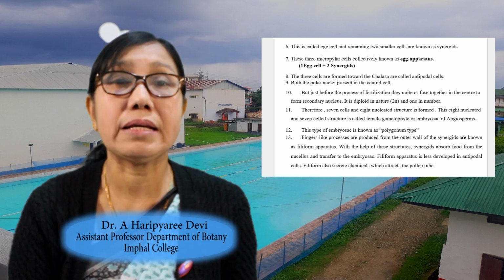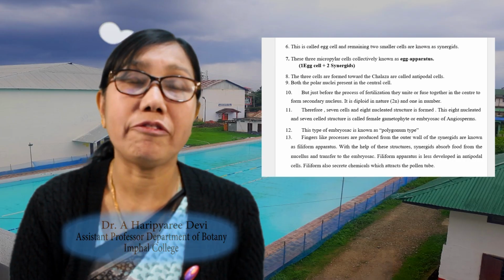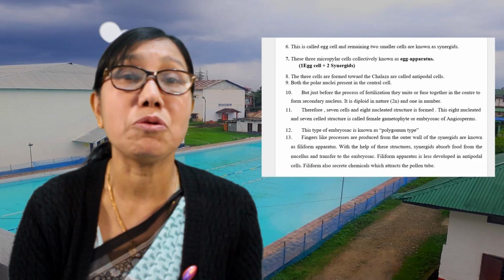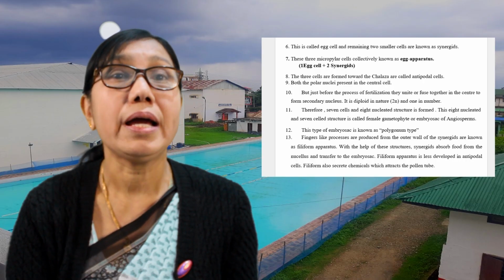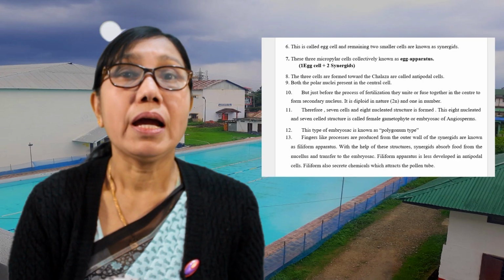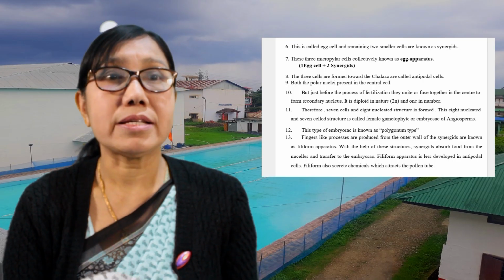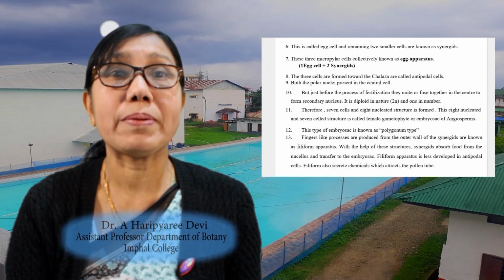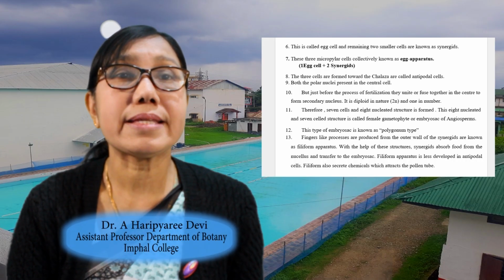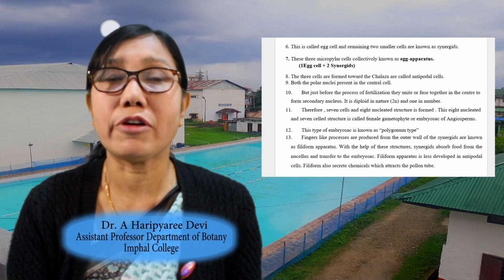The polar nuclei fused into 1, so now it is 7 cells, but the nuclei are 8. This 8-nucleated, 7-celled structure is called the female gametophyte or embryo sac of angiosperms. This type of embryo sac is known as the polygonum type.